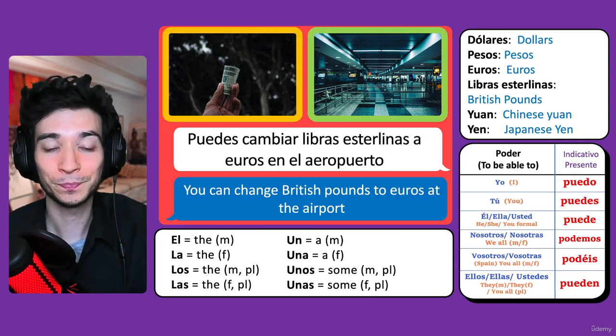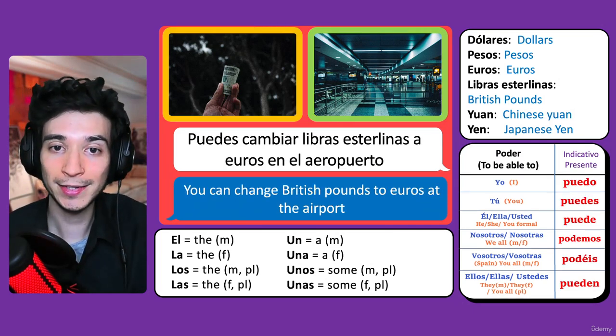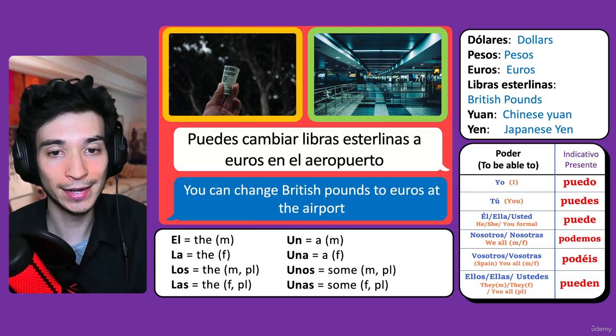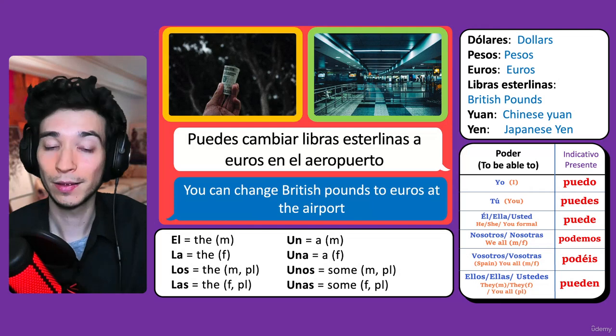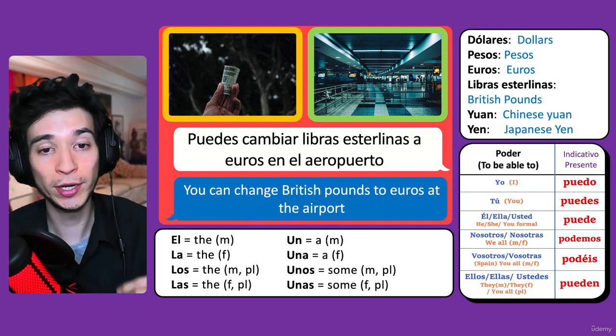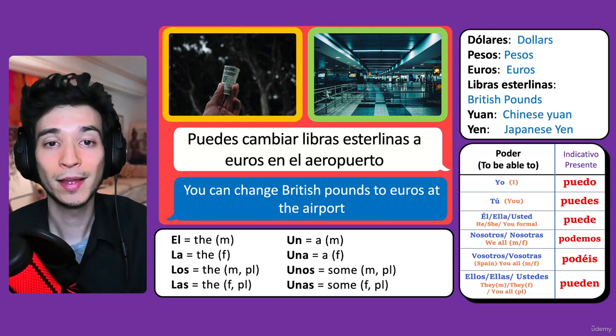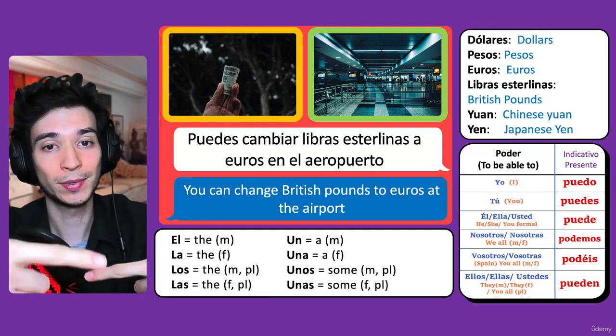Okay, next one. Puedes cambiar libras esterlinas a euros en el aeropuerto. You can change British pounds to euros at the airport. So cambiar means to change.